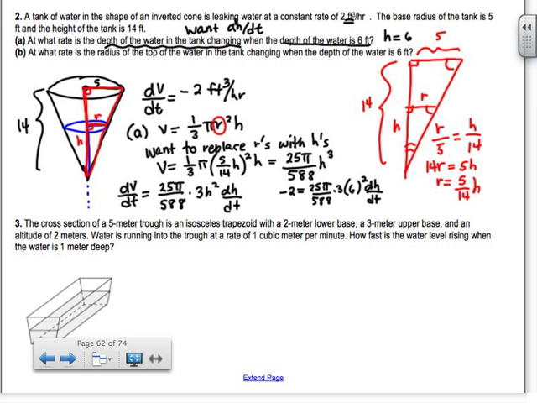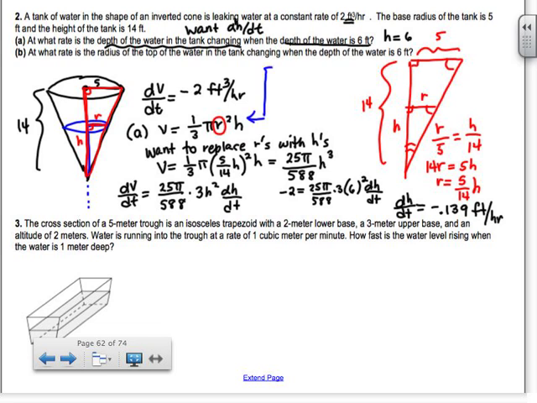Okay, so I'm going to take my -2, I multiply by 588, I want to divide by 25 pi times 3 times 6 squared, so 36. So you end up with dh over dt equals -0.139, so 3 decimal places, feet per hour. So those were your units.